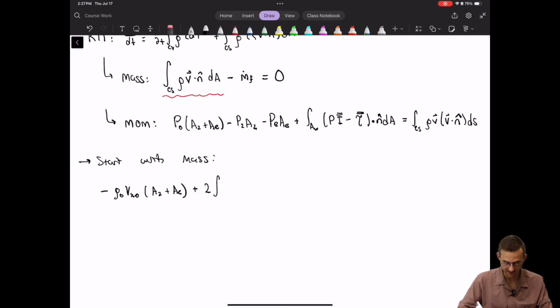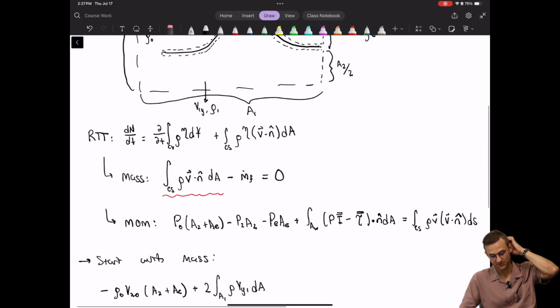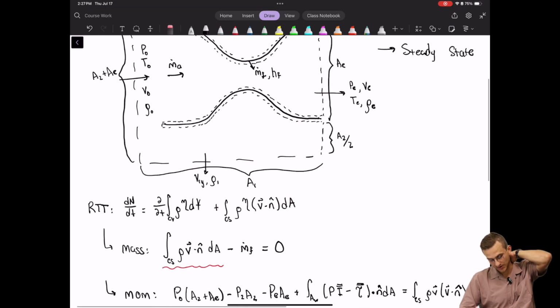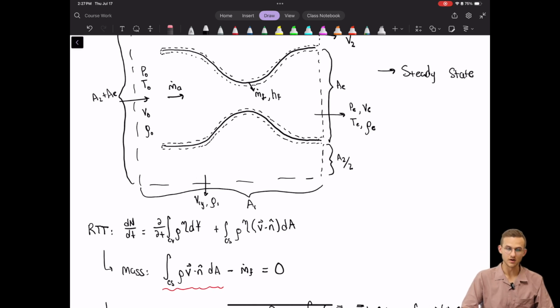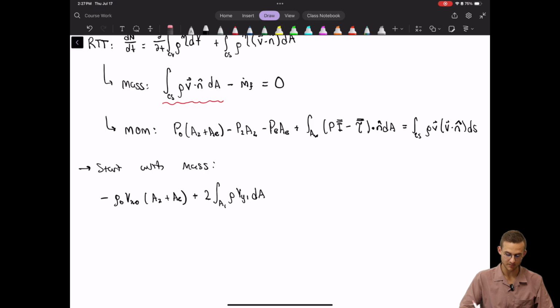That'll be twice the integral over the A1 surface of rho Vy1 dA. The reason we leave it in integral form is that we can't make the same assumption here. We don't know what the velocity profile is along that A1 surface, so Vy1 is implicitly dependent on space along that surface. We'll leave that as it is for now.